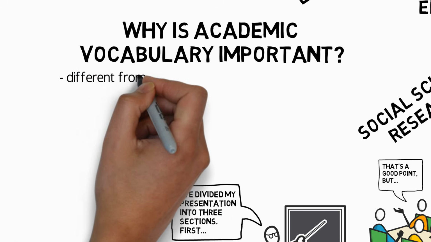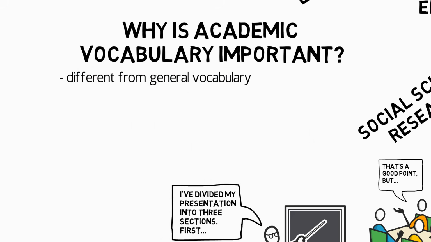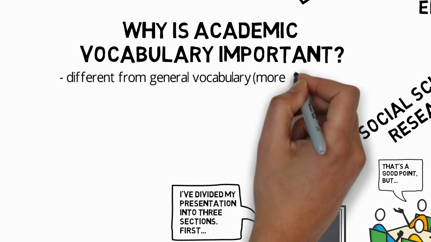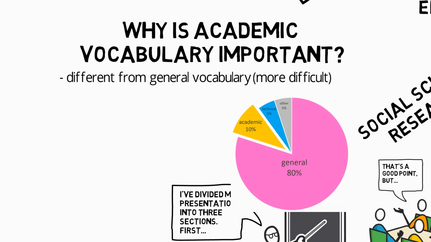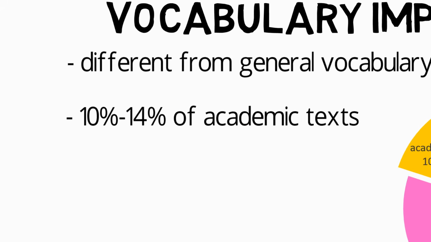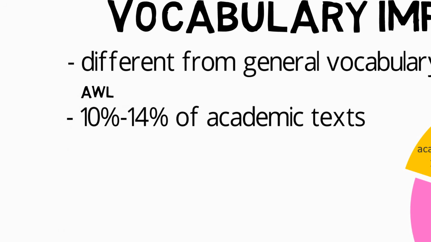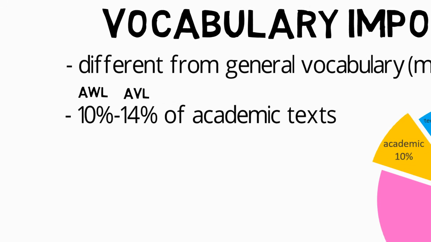One reason is because it's different from general vocabulary. These are more difficult words that learners are less likely to know. At the same time, they comprise quite a lot of academic texts. The academic word list, for example, comprises 10% of academic texts, while the academic vocabulary list is about 14%.